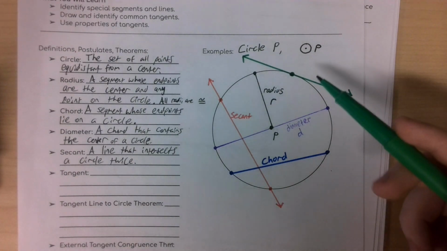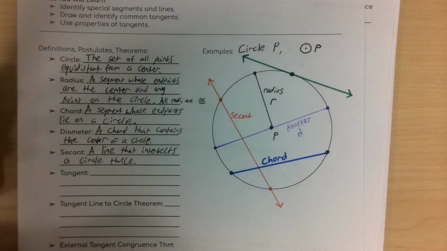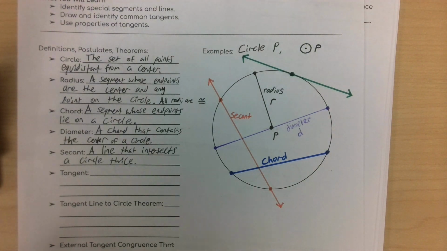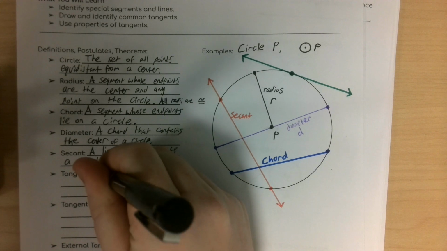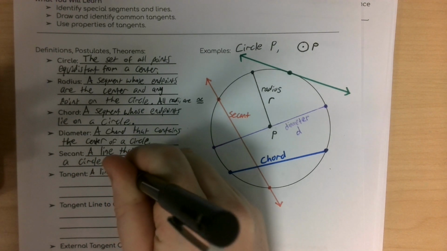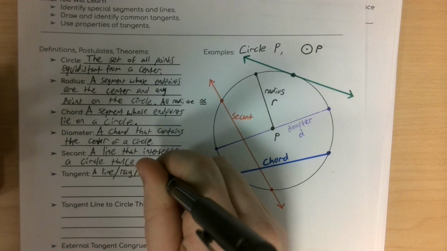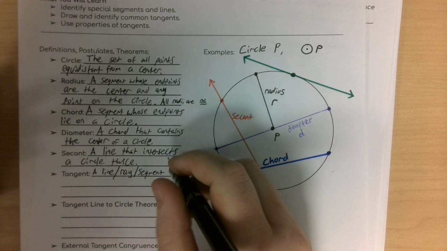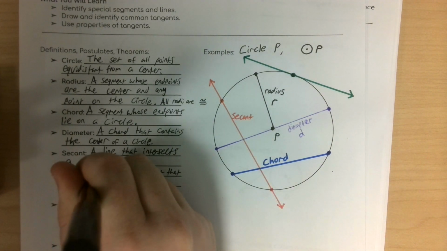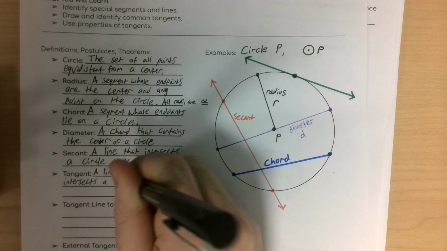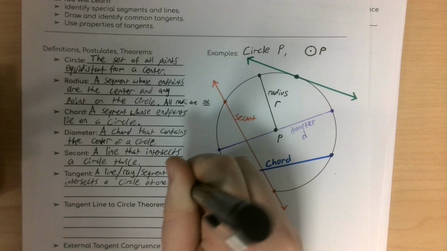A tangent is a lot like a secant, except it's a little bit more flexible. By that I mean, a tangent is a line or a ray, meaning a line with just one arrow, or even a segment that intersects a circle at one point.